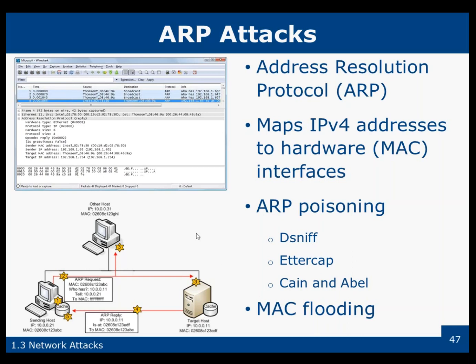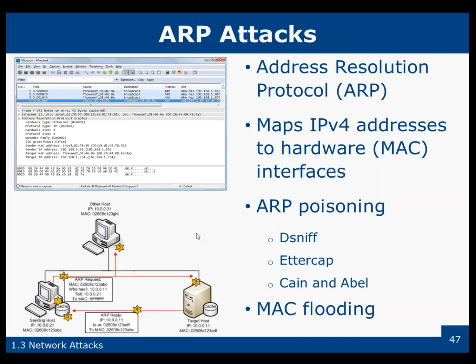MAC flooding down here, we talked about switches, and switches do microsegmentation so that you only see the traffic to you or broadcast traffic. What MAC flooding does is overwhelm the switch's MAC table, or CAM table, content addressable memory in the Cisco world.